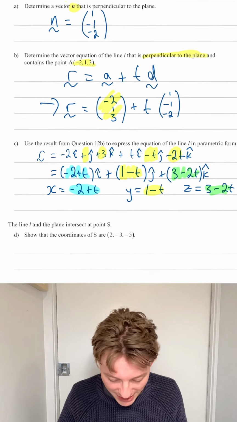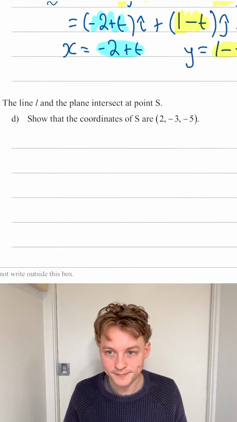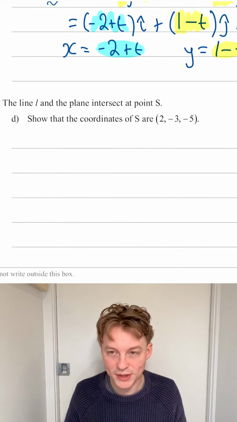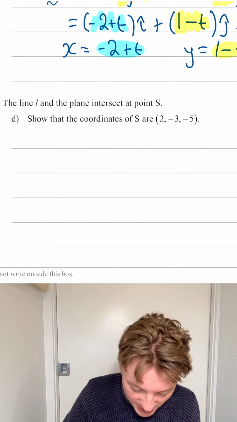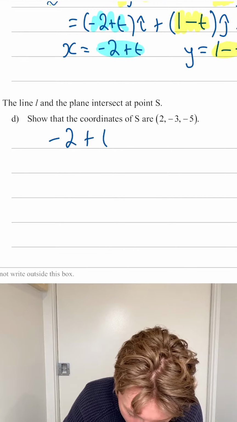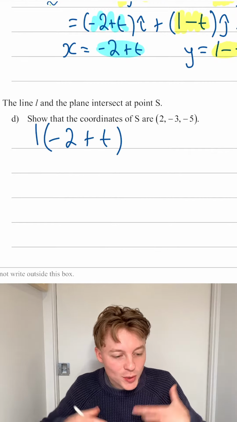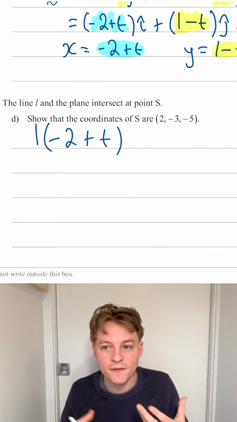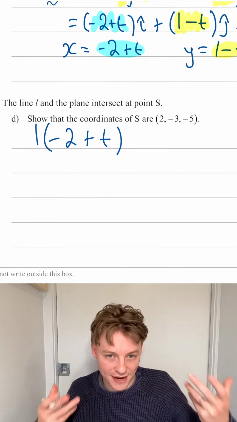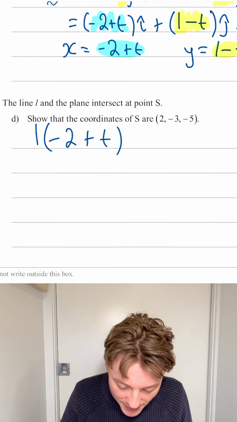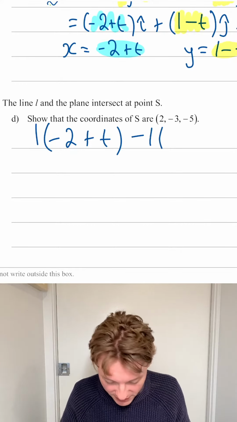So if I do that, I wind up with, it was simply x minus y right at the beginning. So that's going to become minus 2 plus t. I can put it in brackets if I want, and I can put a 1 out the front, just to demonstrate that technically if you have coefficients of these values, they do exist. I'm going to have minus 1 if I just continue putting coefficients there.